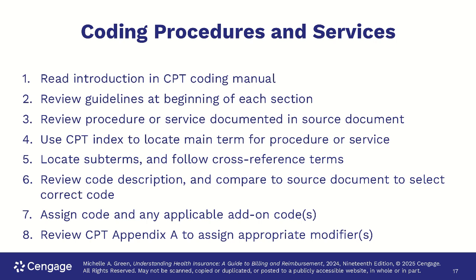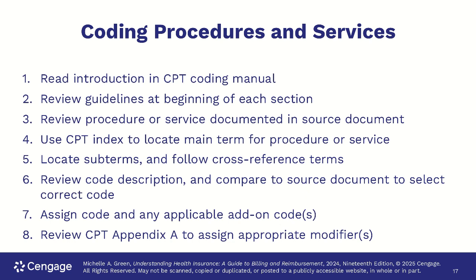So, the steps: you read your documentation, you are going to ensure that you have read the guidelines at the beginning of each section. You already know the importance of reading the introduction to the CPT manual. So you got your medical record. From the medical record, you are going to identify what you're going to be coding for today.